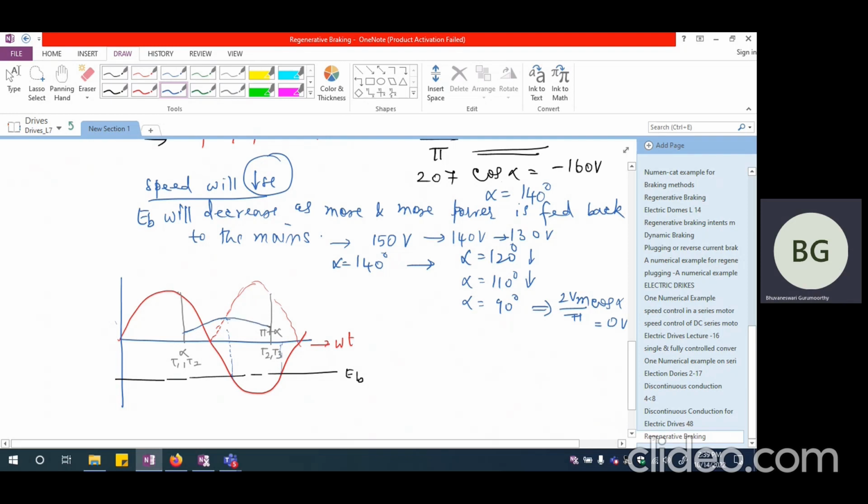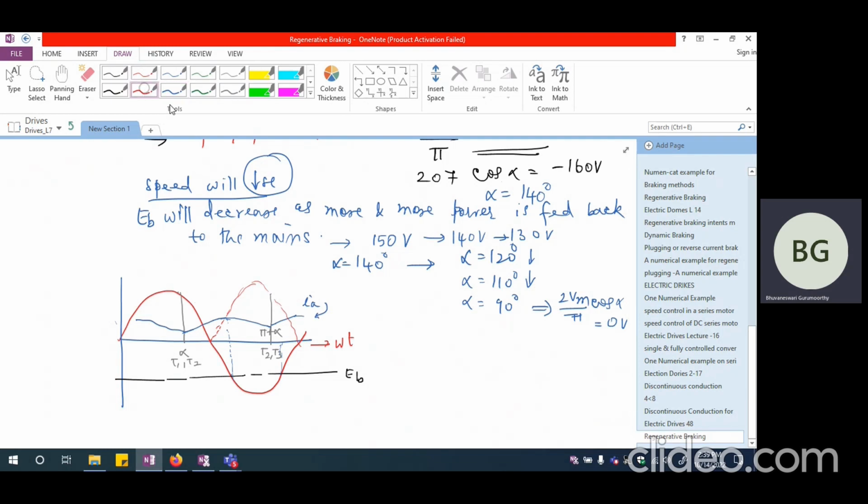But at this point, you are going to fire T2 and T3. So again, the current will increase and it will fall. So the same thing is going to happen repeatedly. So you are going to see that this is the kind of waveform for the armature current you get. So this is going to be the armature current waveform.